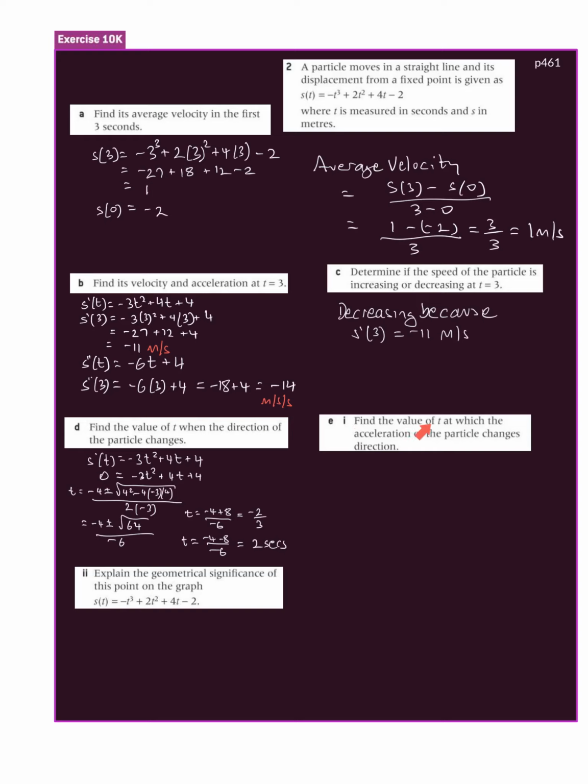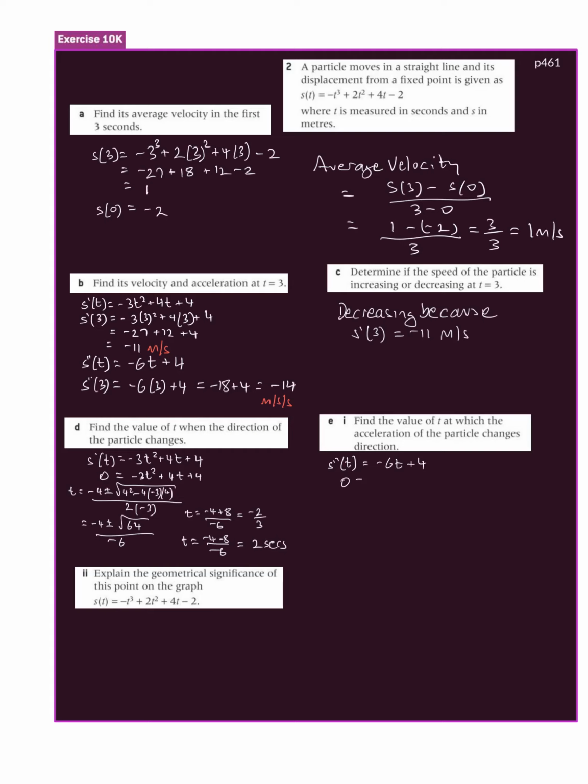E, find the value of t at which the acceleration of the particle changes direction. Again, that's when the acceleration goes from positive to negative, or negative to positive. Let's have a look at that. We're going to have a look at the second derivative for this. See, that reflects the acceleration. So we've already got that here: minus 6t plus 4.